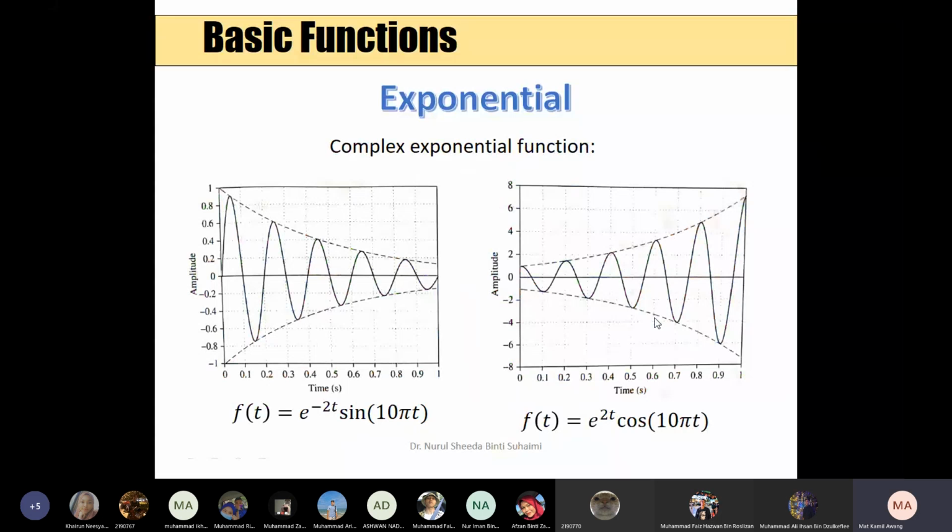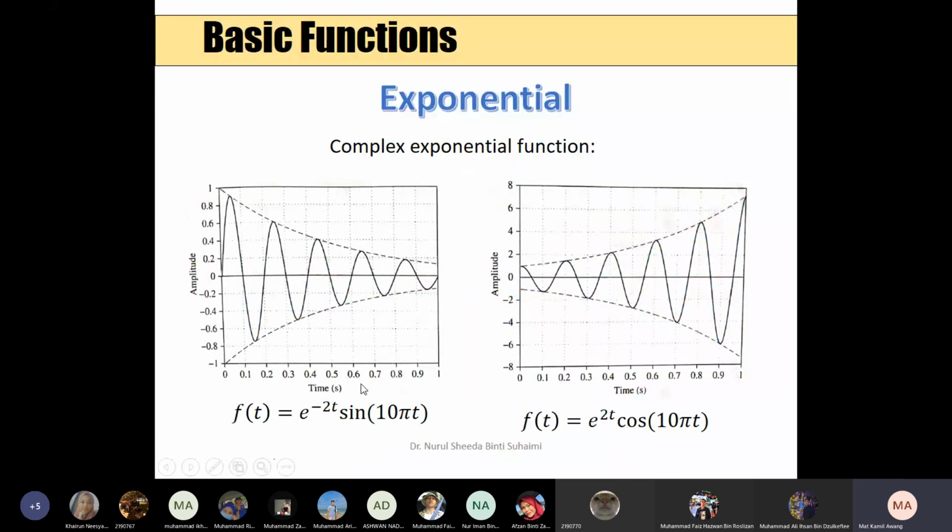And another one, this is a complex exponential function where you have a combination of the exponential function and the sine. So this is what I said just now. If b is minus, which for this example b is -2, therefore the signal is exponentially decaying.